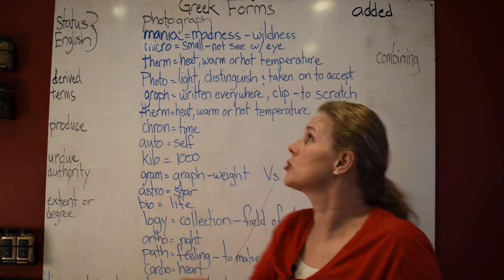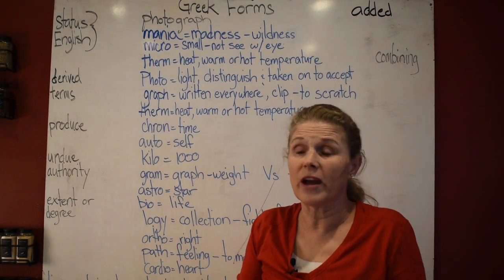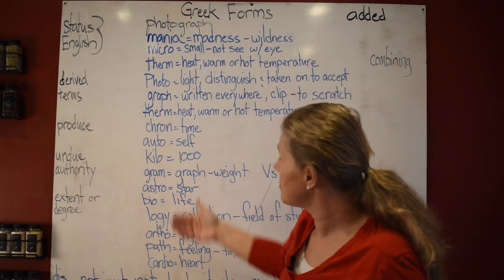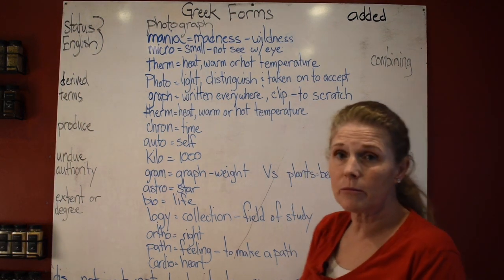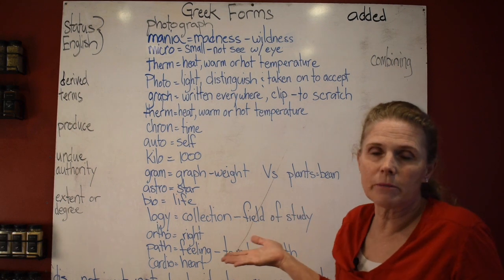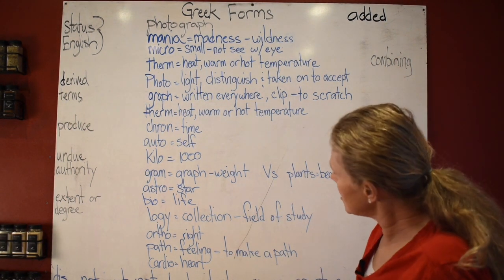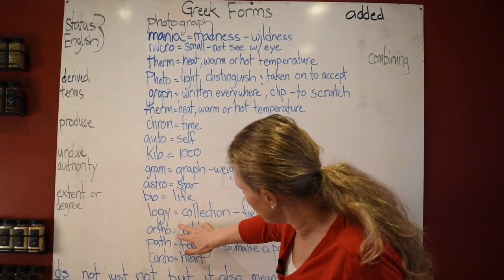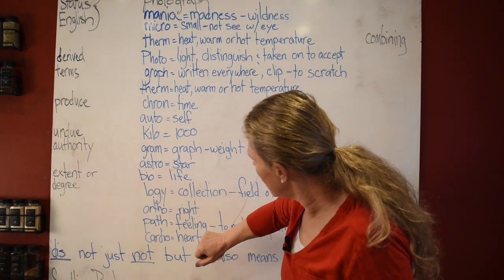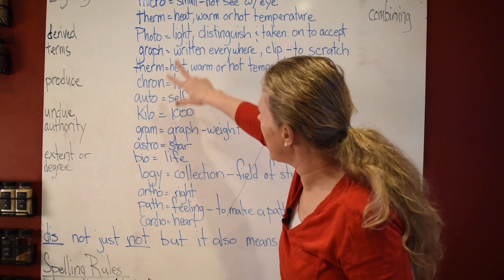And if you're going to make your own invention, I would suggest maybe using your Greek combining forms to help somebody understand what your invention actually is. Because you could see how you do that: pathology, autograph, photograph. See how you can just combine them together.